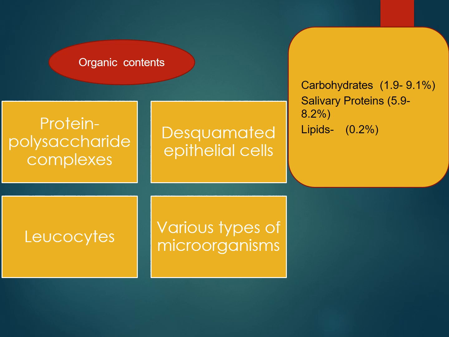Between 1.9 and 9.1 percent of the organic component is carbohydrate, which consists of galactose, glucose, rhamnose, mannose, etc. And 5.9 to 8.2 percent of the organic component consists of salivary proteins and includes most of the amino acids, whereas lipids account for only 0.2 percent, which constitutes neutral fats, free fatty acids, cholesterol esters, and phospholipids.